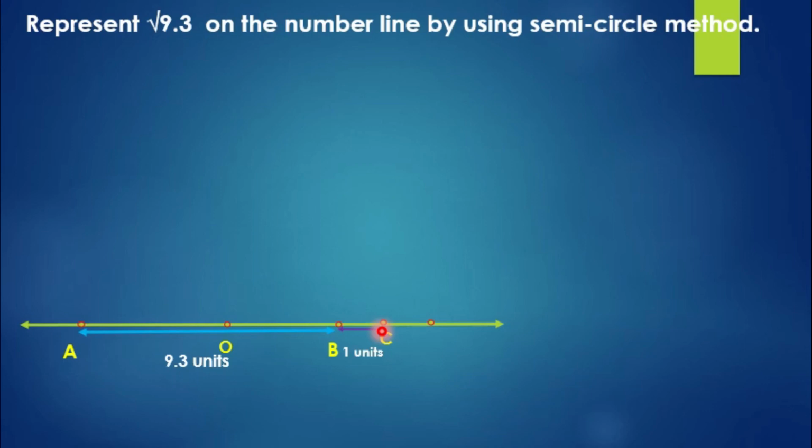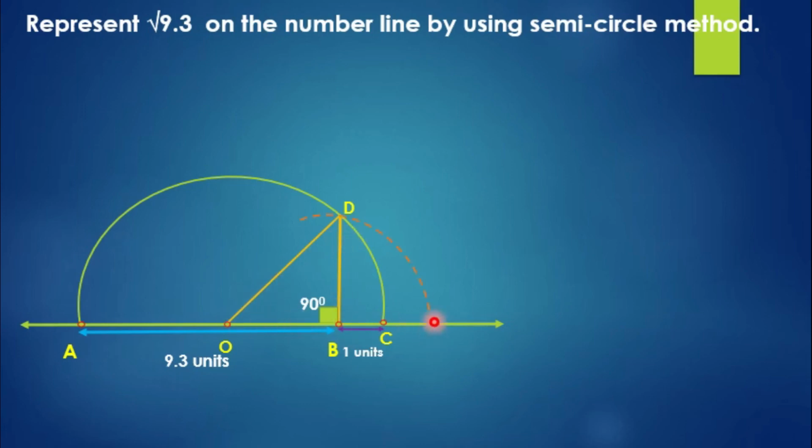Identify the midpoint of AC and mark it as O. Step 5. With AO as radius and O as the center, draw a semicircle. Step 6. Now draw a perpendicular at B. It cuts the semicircle at a point D. This distance BD is equal to square root of 9.3.